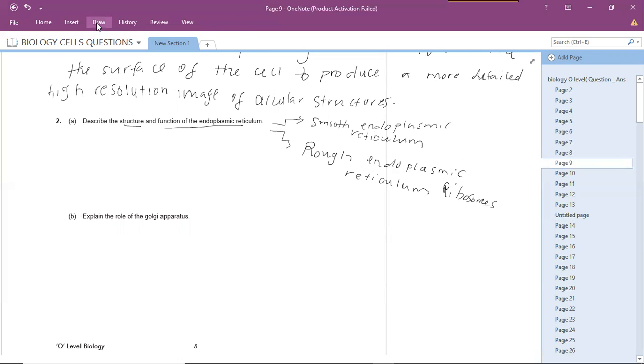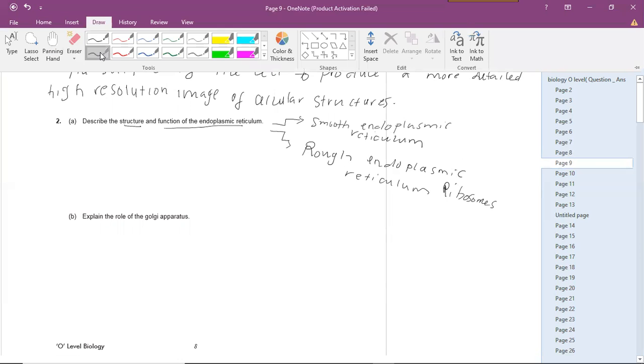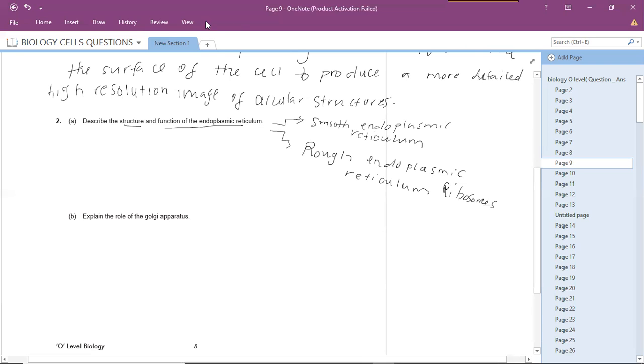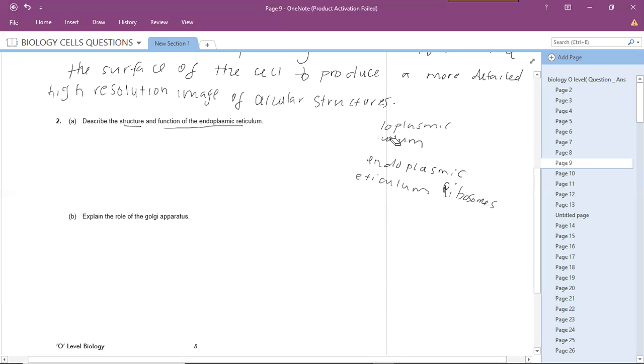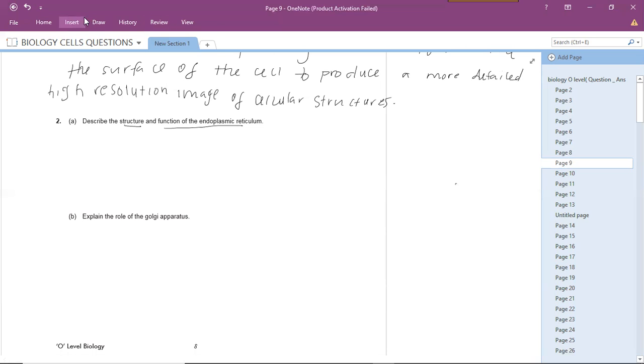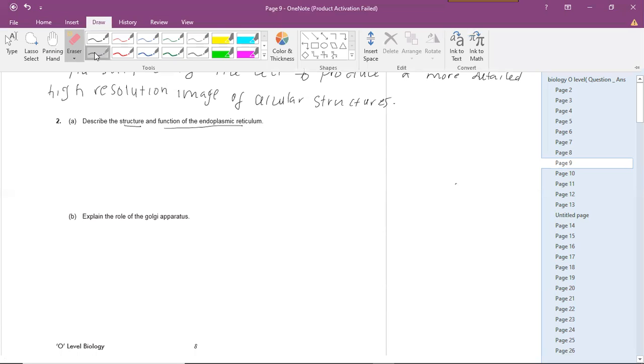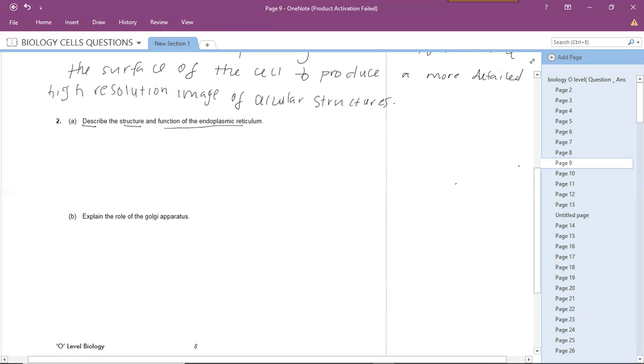So in terms of describing the structure, whether it's a smooth endoplasmic reticulum or a rough endoplasmic reticulum, let me write it in essay form now. Whether it's a smooth endoplasmic reticulum or a rough endoplasmic reticulum, you say it's a system or a network of connected membranes. So we're describing a structure that looks like this. So you can see that this is like a system of connected membranes.